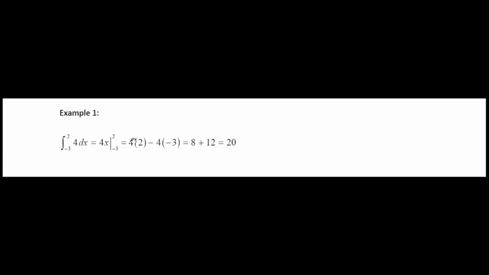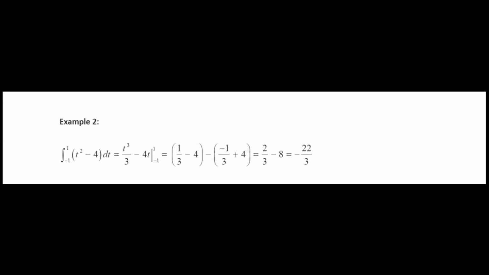In other words, it's 4 times 2 minus 4 times -3, and then you do the arithmetic, which we've done here, and you get an answer of 20. Okay, not really hard once you get into the rhythm, and that's all we really want to do in this lesson, is acquaint you with the rhythm of what we're doing when we have a problem like this. So let's go to example 2.